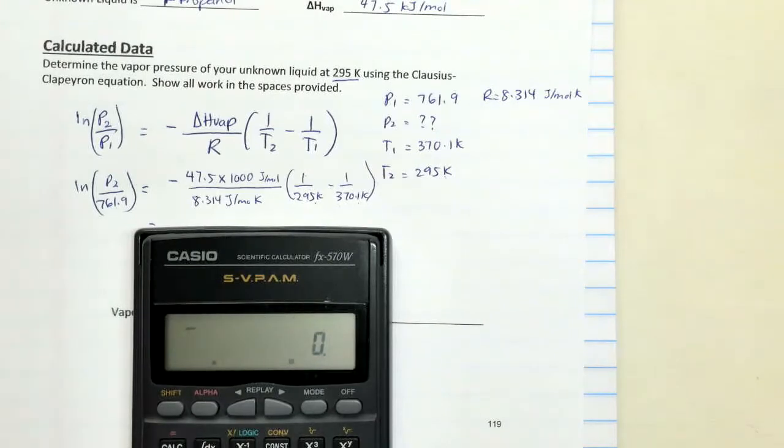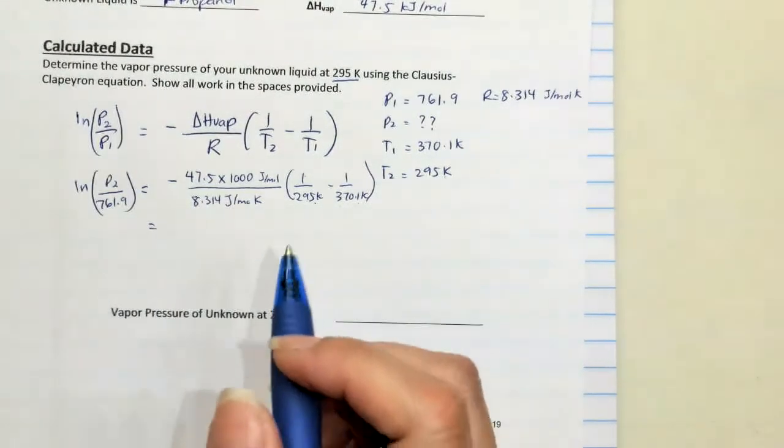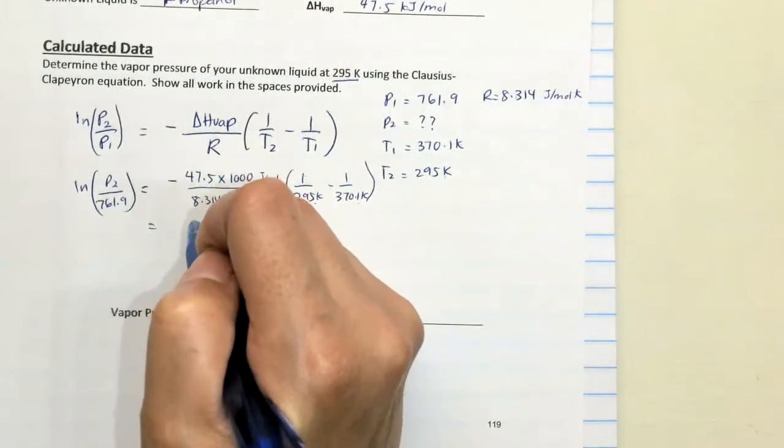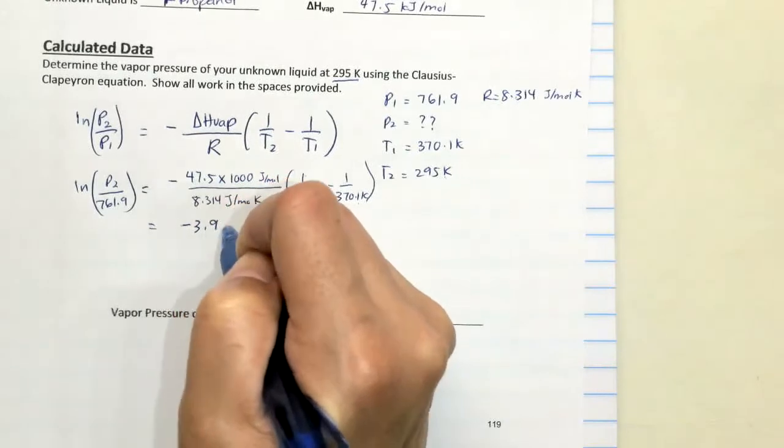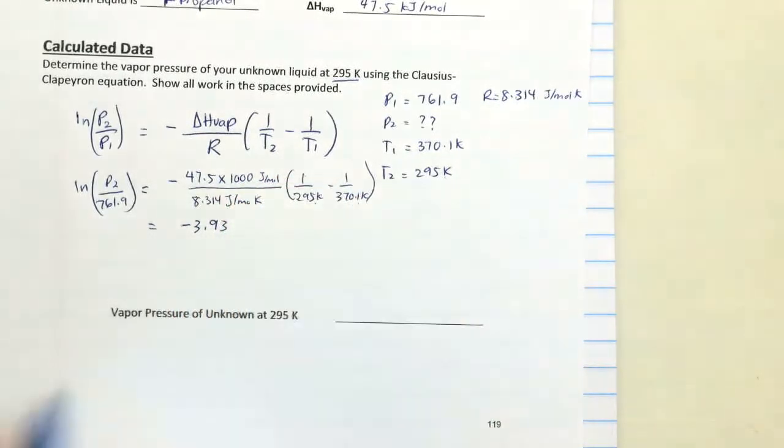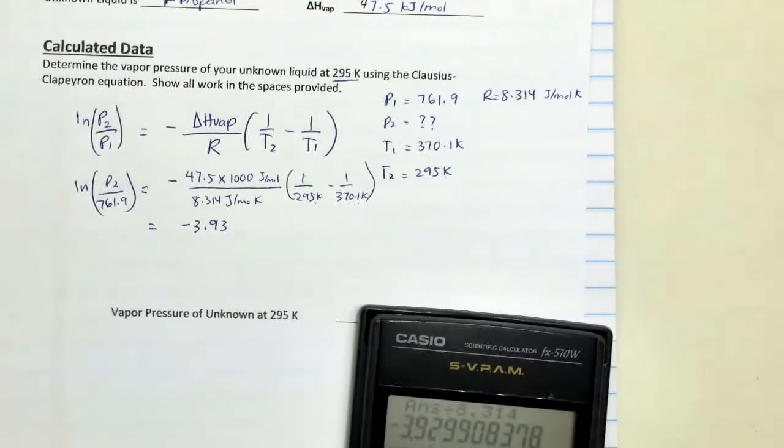Hold on. 1 over 295. All right, got the same answer again. So it's negative 3.93. I'm just going to round it up, but I'm keeping all my numbers on here, okay?